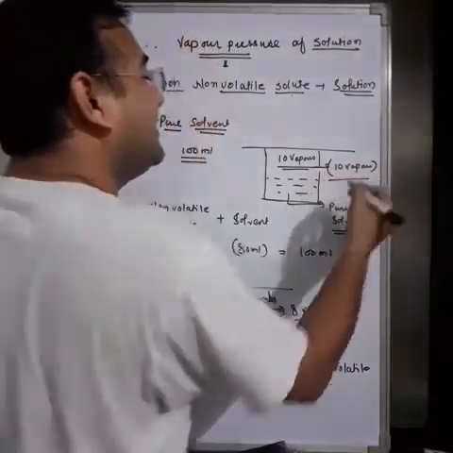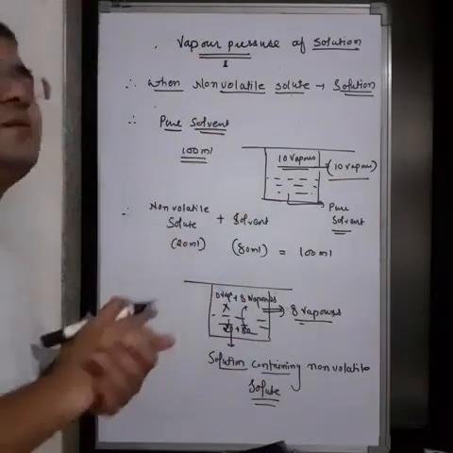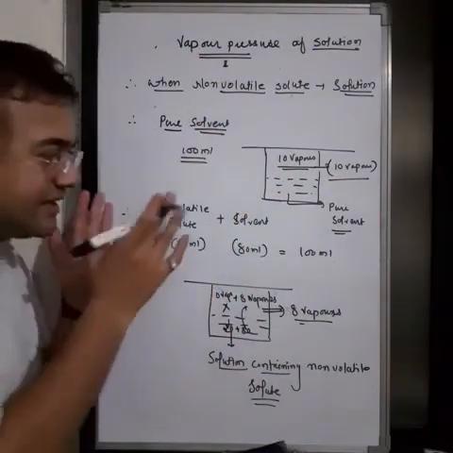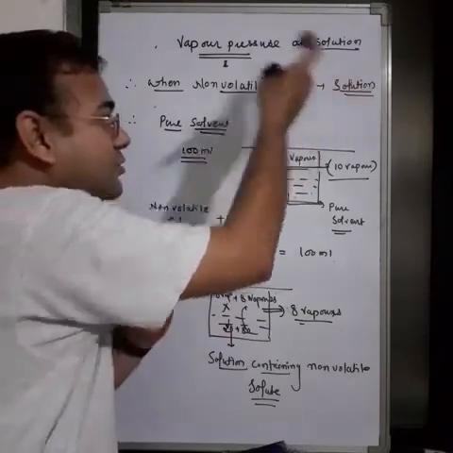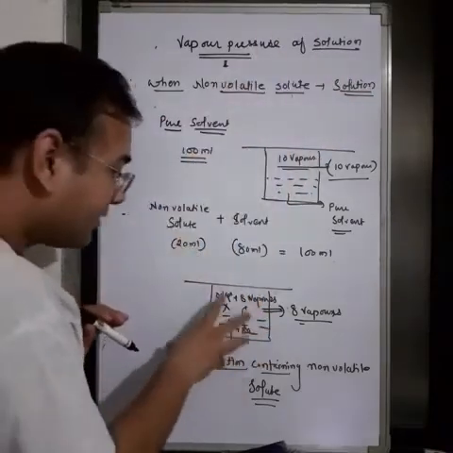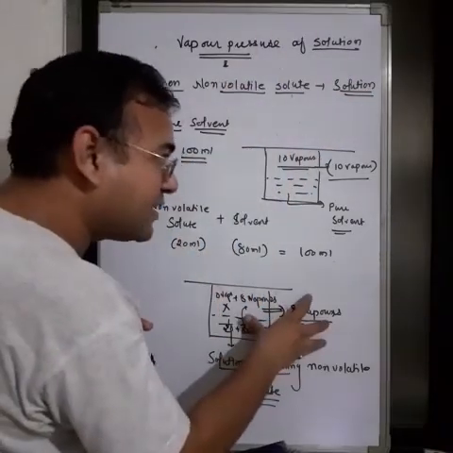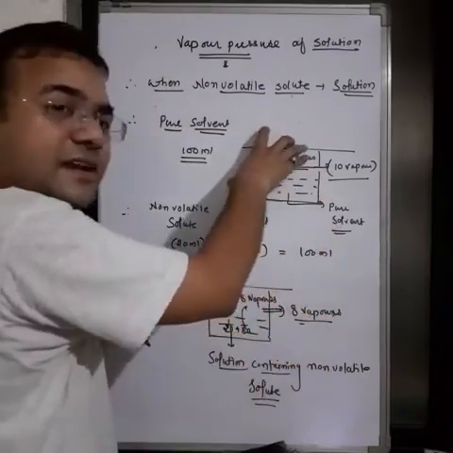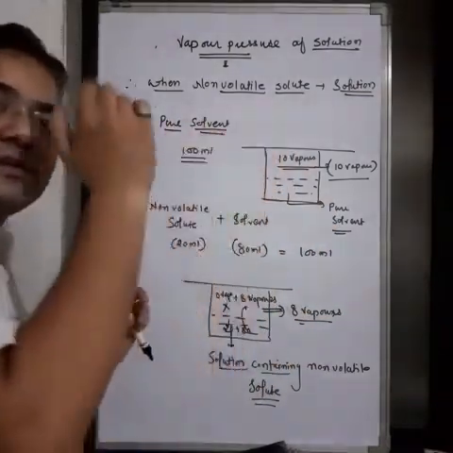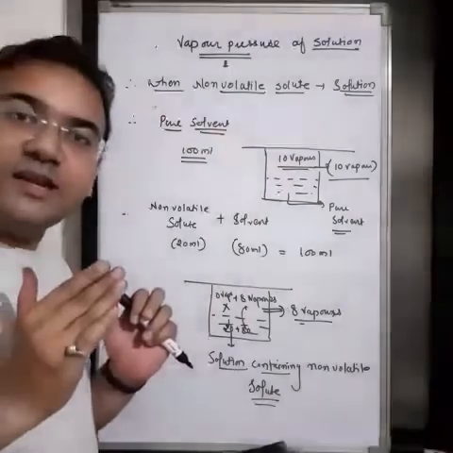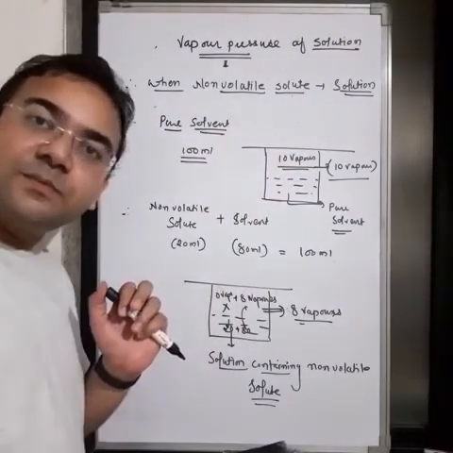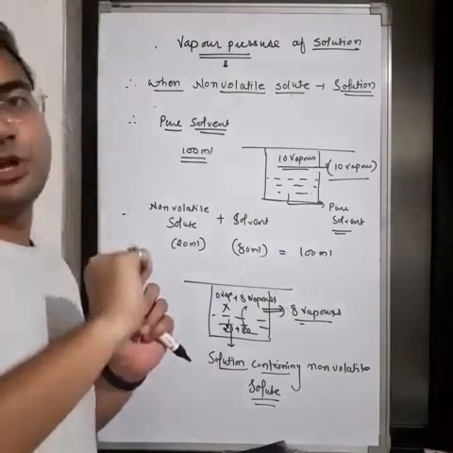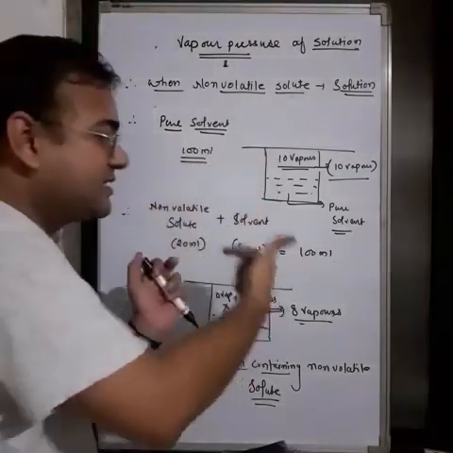So see, in this case, the situation is reversed. In case of the non-volatile solute containing solution, the solution has less vapor while the pure solvent has higher vapor. While we saw that the solution containing volatile solute has a higher vapor pressure than pure solvent. And here the situation is reverse.